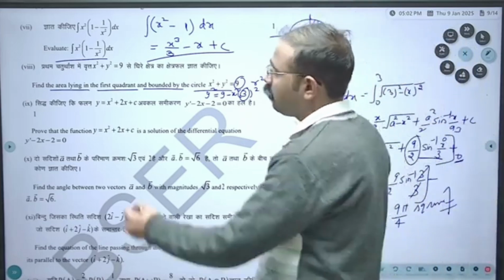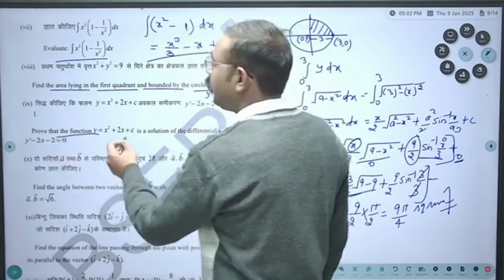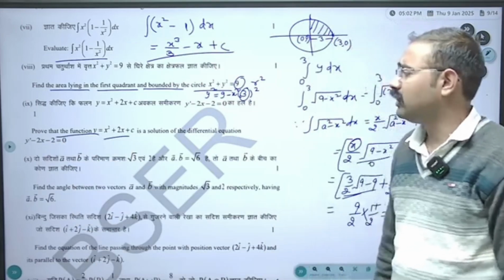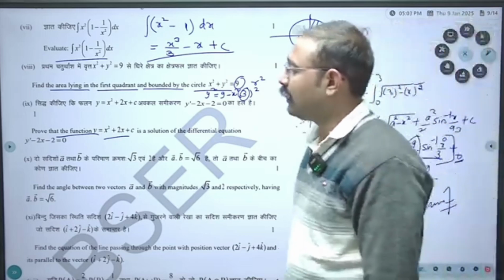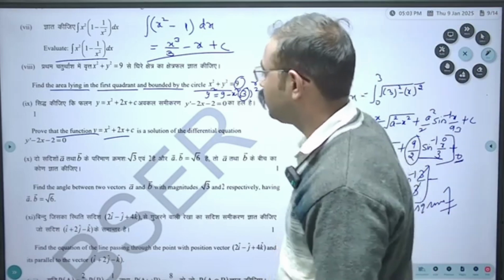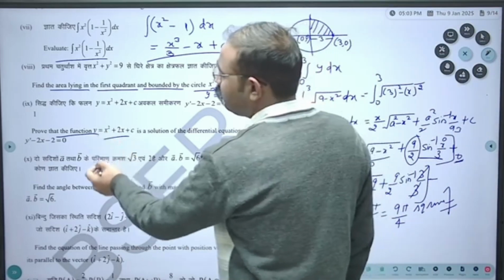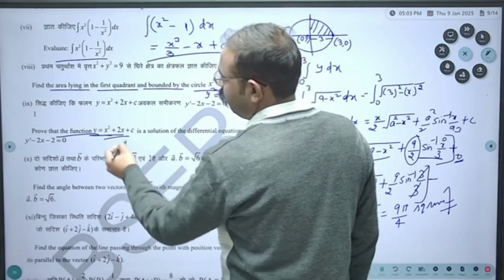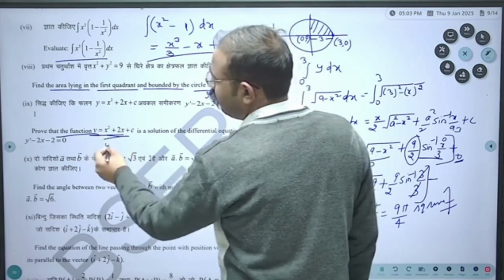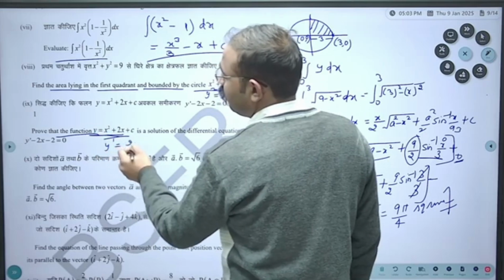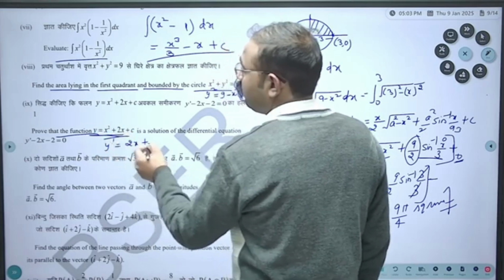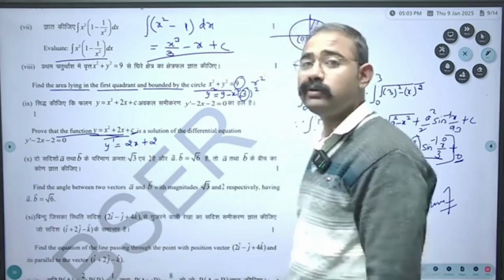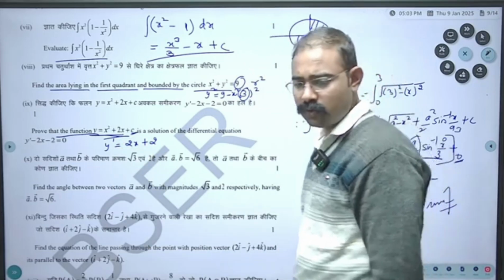Next is: prove that the function y equals x squared plus 2x plus c is a solution of the differential equation y dash minus 2x minus 2. So simply differentiate this function. y dash is 2x, differentiation of 2x is 2, and differentiation of c is 0, since the differentiation of a constant is 0.